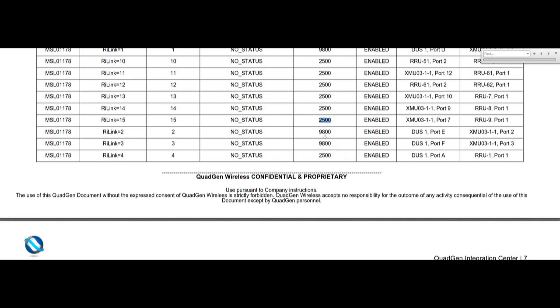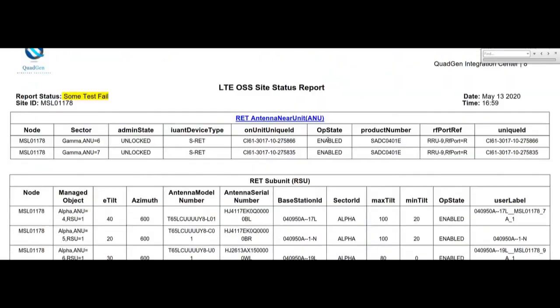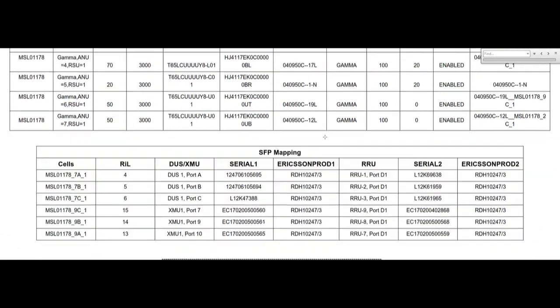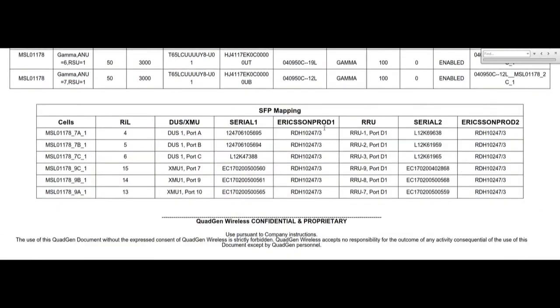So the link rate of the SFP card in the radio versus the link rate in the SFP card at the DUS must match up, right? So if we have a 6525 at the DUS end and a 47.3 at the RU end, we're going to have a link rate mismatch.